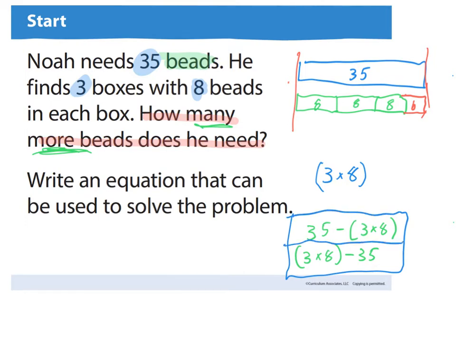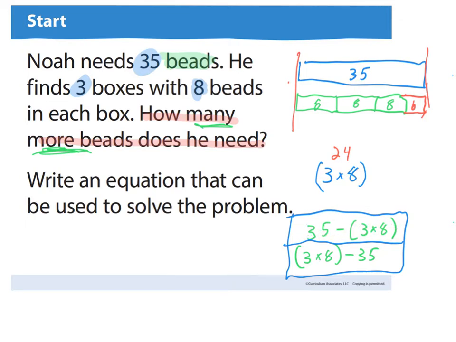Hopefully you know that 3 times 8 will give us 24. We know that it's 24. If I were to write 3 times 8 minus 35, I cannot go 24 minus 35. It wouldn't work. If you have 24 things, you can't take 35 away. So that makes this one correct.